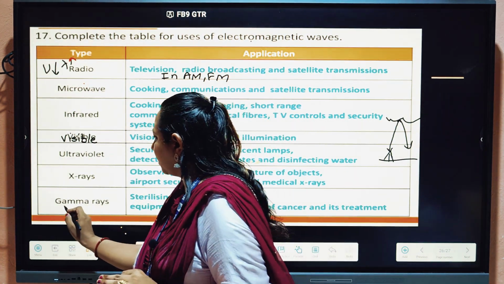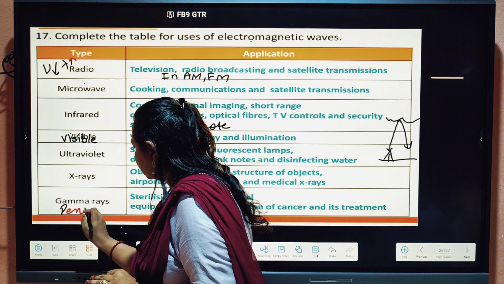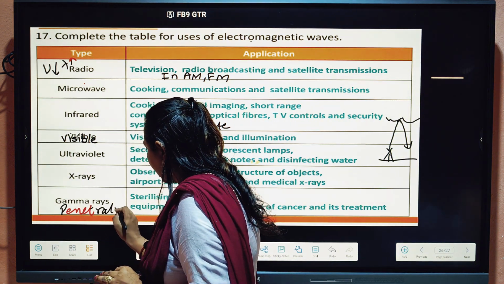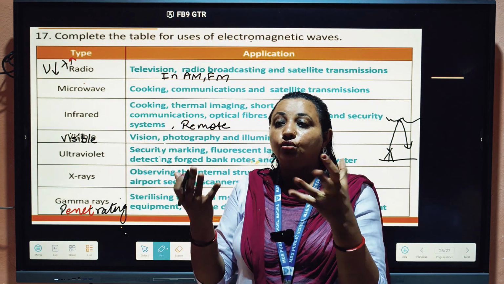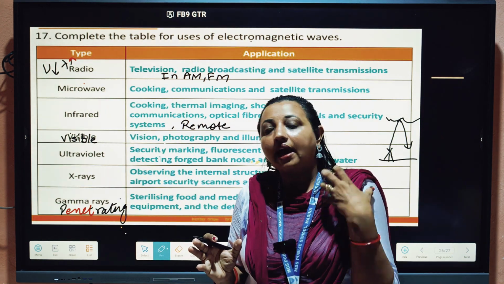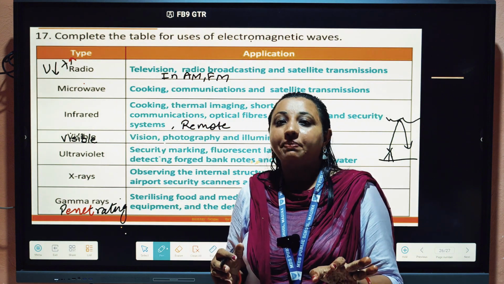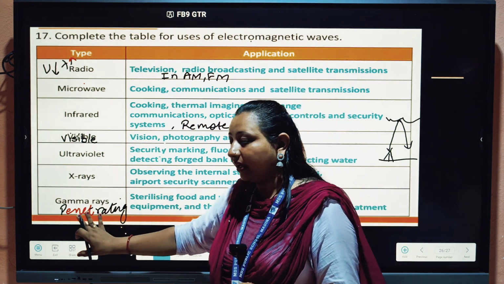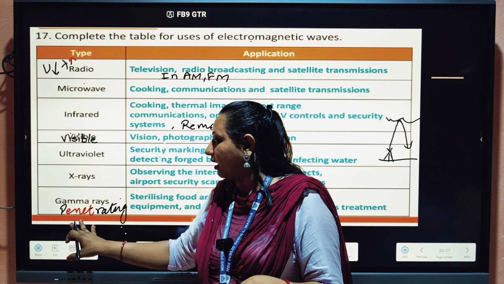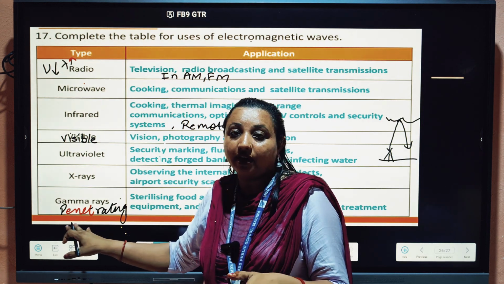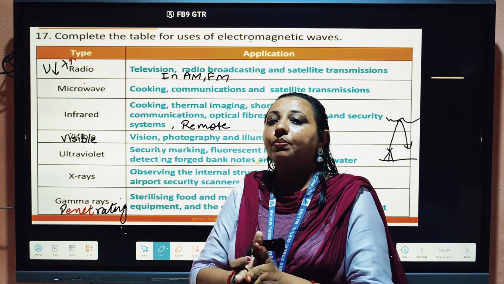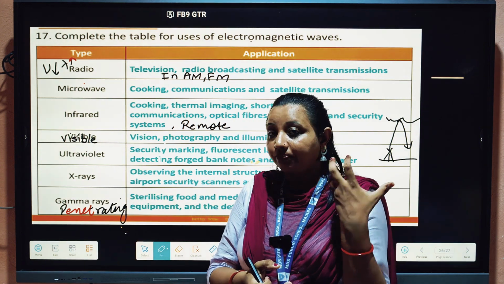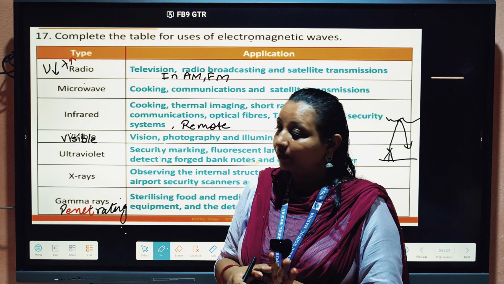The penetrating power of gamma rays is high, which means they can easily penetrate through any object. Gamma rays have high frequency, that's why they have high penetrating power. Their energy is high, they have the least wavelength but the highest frequency. So these are some properties which you have to remember about electromagnetic waves, right?